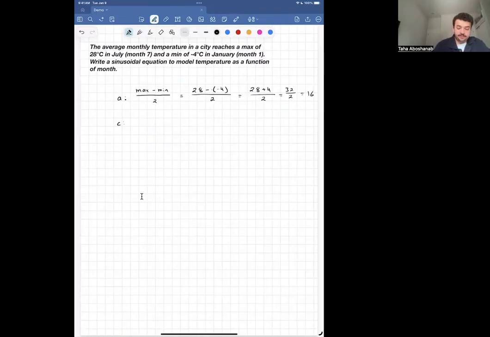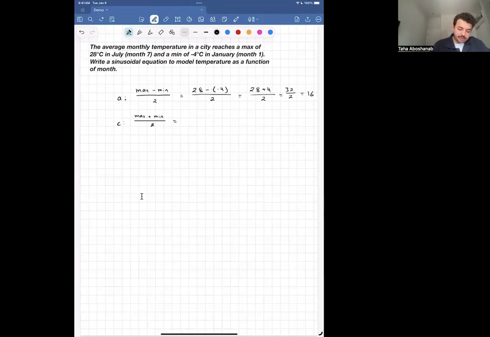The C value, be careful, looks very similar to the amplitude, except for one difference. It is going to be the maximum plus the minimum over 2. So just bear in mind, they look very similar. They have one difference, which is the sign between the max and the min.